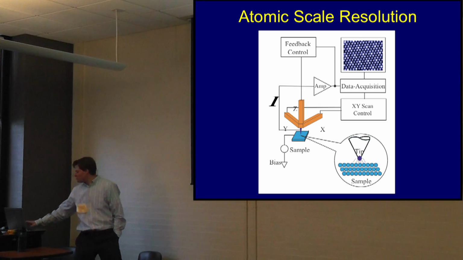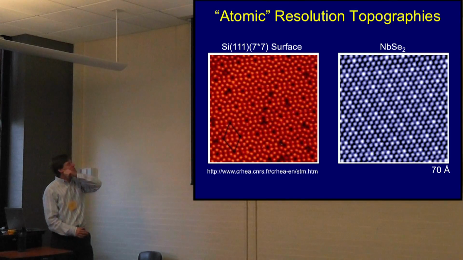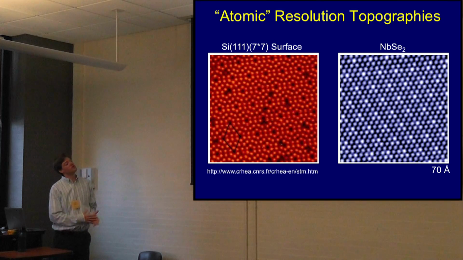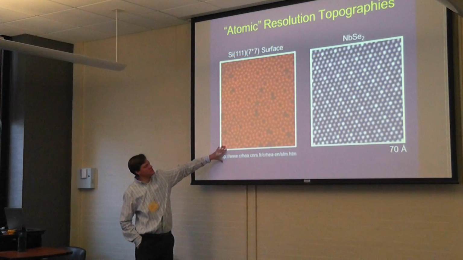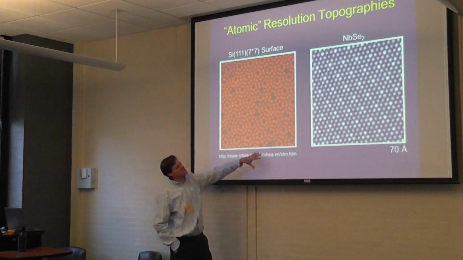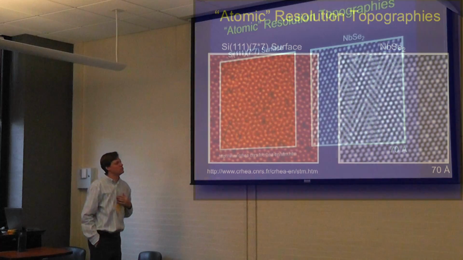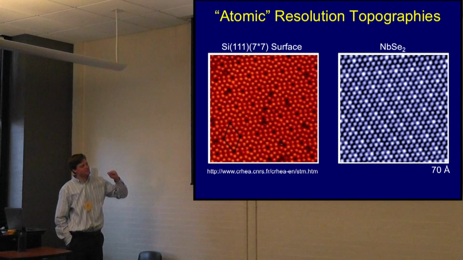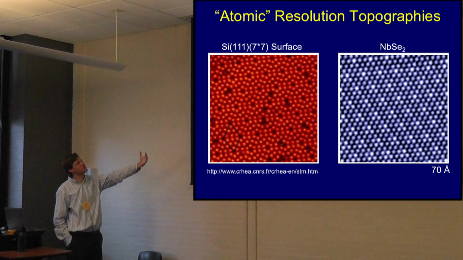Okay, let me show you a couple of images. On the left, this is a silicon 111 surface, just the surface of the element silicon. On the right is a material called niobium diselenide. In each case, when we're imaging these structures, we see the atomic structure of these materials.